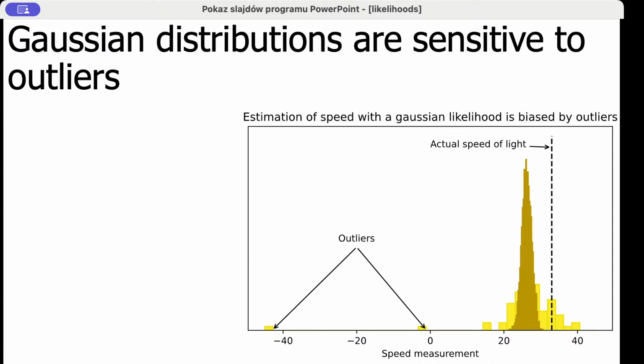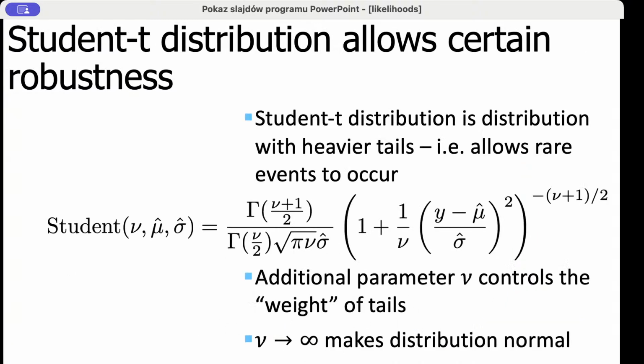Setting up the probability distribution using the normal distribution gives you sensitivity to outliers, which might be an issue or might not. Normal distributions are easier to compute, so we usually start with normals. However, when we estimate the speed of light using normal distribution in this data set, we will have an error which is a systematic move from the actual speed of light and is being caused by those outliers.